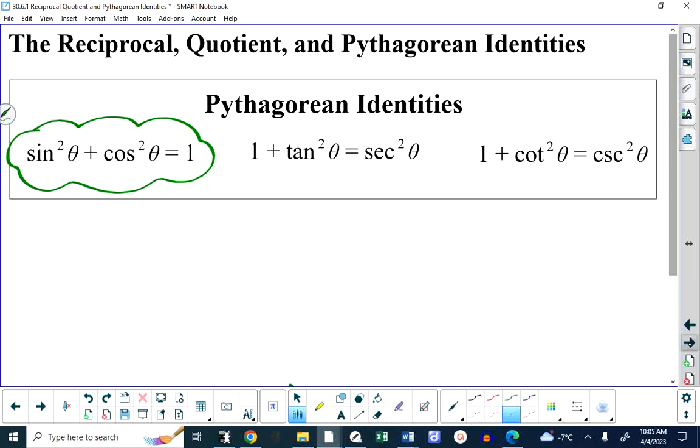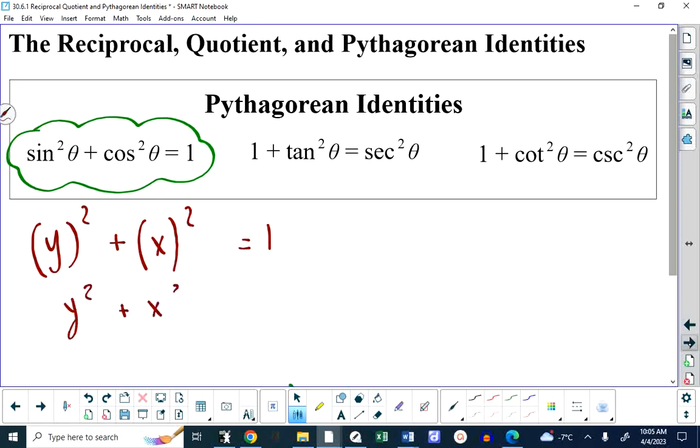We can go to the unit circle here. We could do it with r, by the way, and I'll show you how that works maybe. But on the unit circle, sine of theta is y, so sine squared is y squared. Cos of theta is x, so that's x squared. But on the unit circle, x squared plus y squared equals 1 by definition. That's how we've constructed the unit circle.